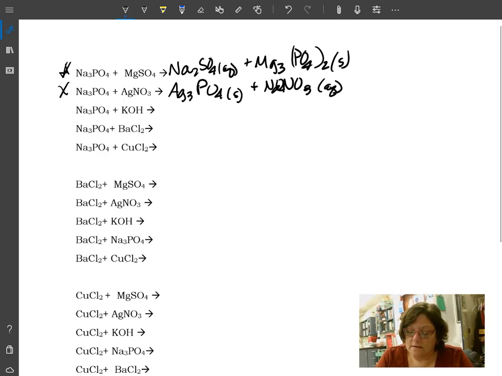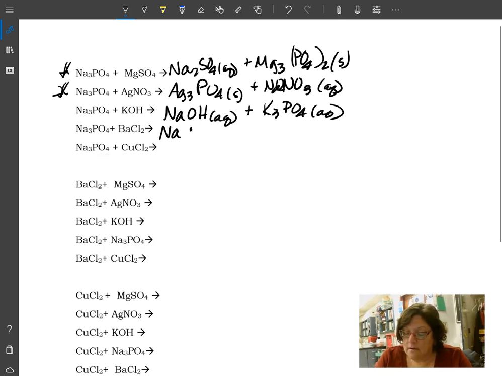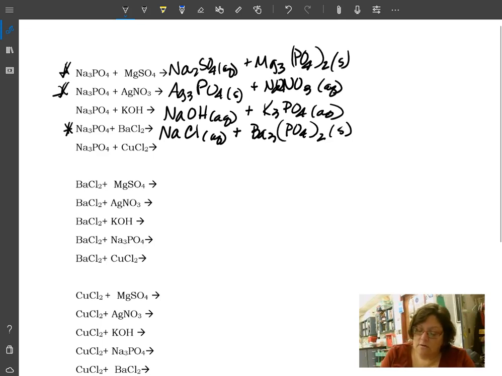Sodium phosphate and potassium hydroxide. Sodium hydroxide will not precipitate. Potassium phosphate will not precipitate. So that will not have a precipitate, no reaction. Sodium phosphate and barium chloride. Sodium chloride will not precipitate. Barium phosphate will, so we should have a reaction.